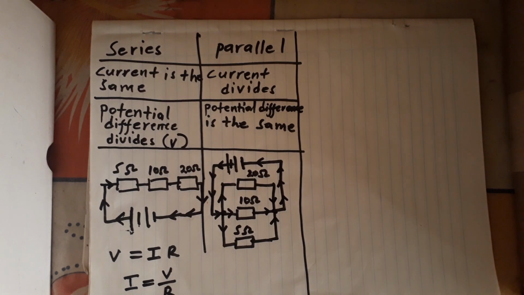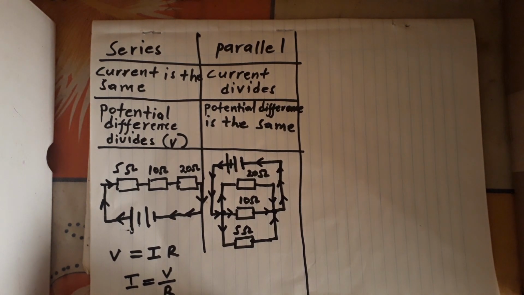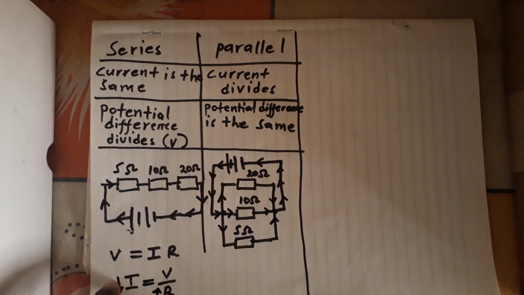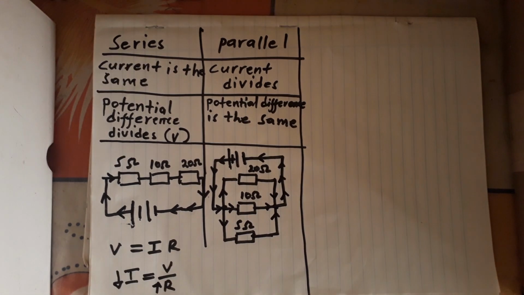They oppose each other, meaning that when one of these two variables increases, the other one decreases. So what influences current is the resistance. When we increase resistance in the circuit, the current will actually drop. It means that if we decrease the resistance, current will go up.